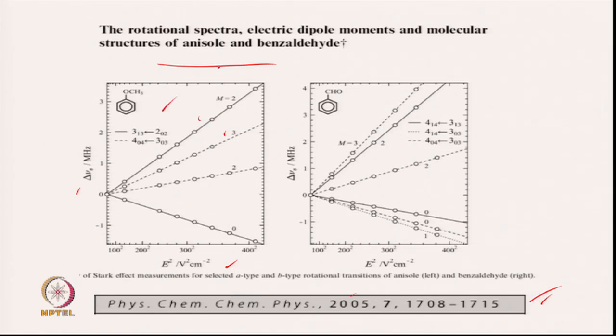Similarly, this is for anisole and this is for benzaldehyde. So, this is the way to calculate the dipole moment of a molecule using the splitting of rotational lines in an electric field, which is known as the Stark effect.